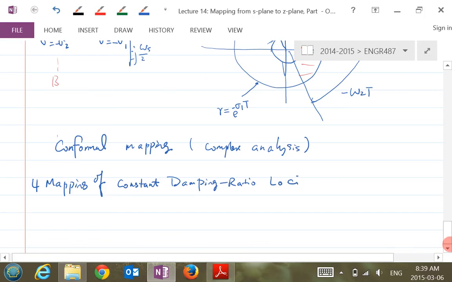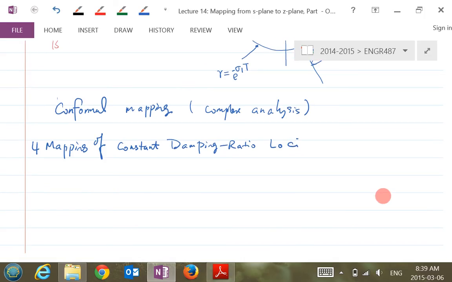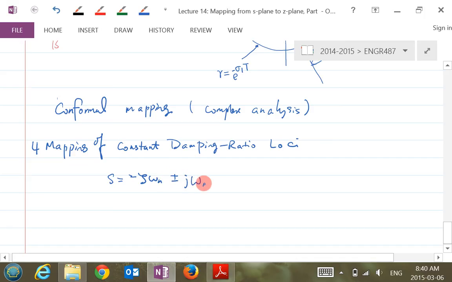We have to go back to our second order system. The poles of a second order system are negative zeta omega n plus or minus j omega n square root of 1 minus zeta squared, which is minus sigma plus or minus j omega d as we have denoted.